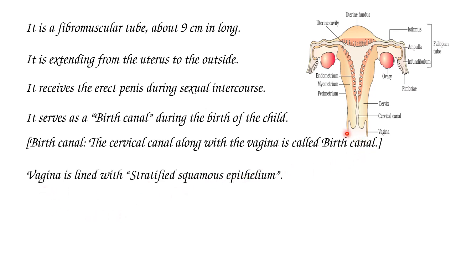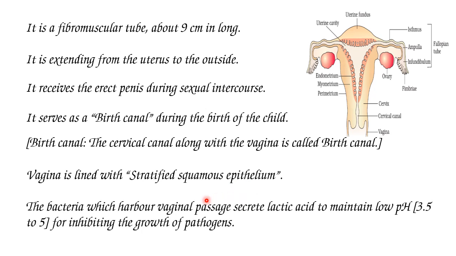The vagina is lined internally with a stratified squamous epithelium. The bacteria which harbor in the vagina secrete lactic acid to maintain a low pH, that is 3.5 to 5, for inhibiting the growth of pathogens.